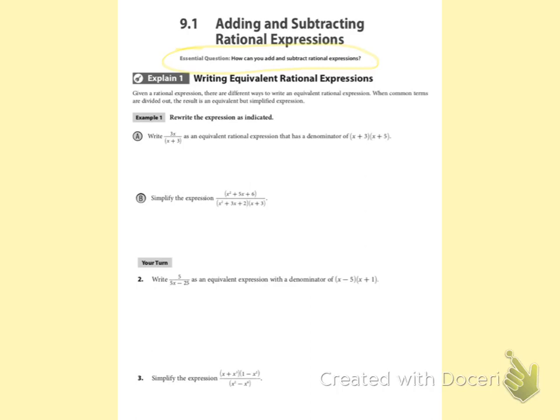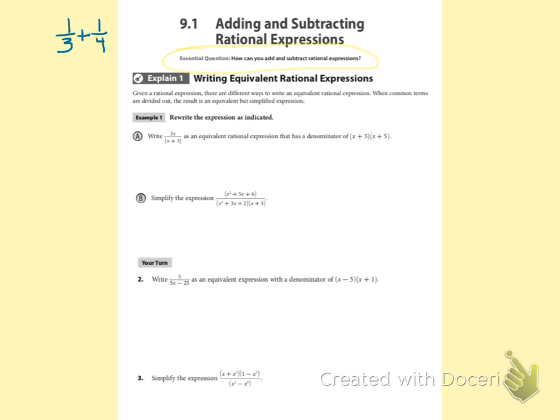Now I'd like to look at a related example from way back in your math background, and that's when we added simple numeric fractions. Let's say you're asked to add these two fractions, 1/3 and 1/4. You probably remember that in order to add and subtract fractions, you must have a common denominator.